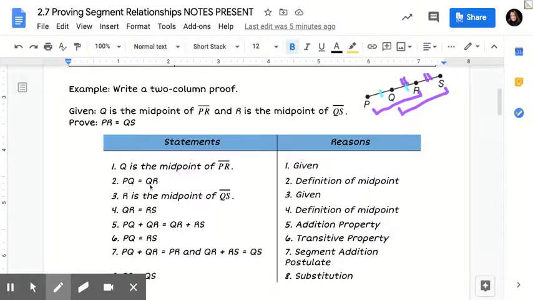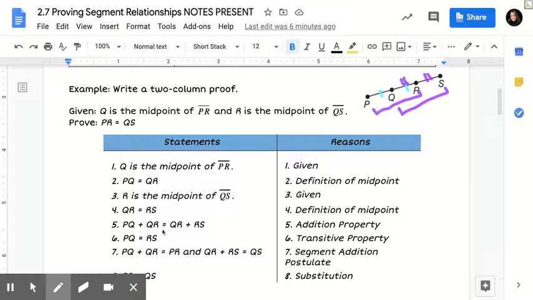Now, because PQ is equal to QR and QR is equal to RS, then we could say PQ plus QR, which would be PR, is equal to QR plus RS, which would give us QS. That's by the addition property. That tells us that these two added together give you the full segment.